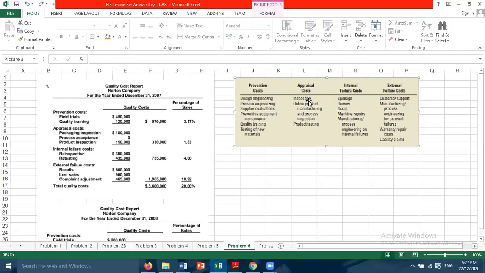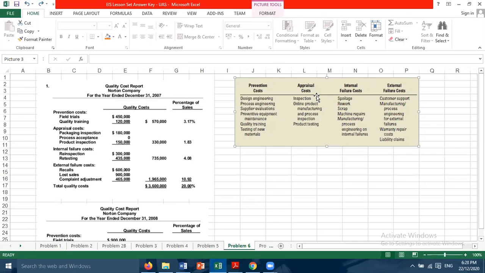So the book has it in the balanced scorecard chapter, but here I took a little bit of a picture of what is normally considered. So you guys probably will need to remember this so you can remember which category they are in. So here are some common examples. Prevention includes design engineering, process engineering, supplier evaluation, preventive equipment maintenance, quality training, and test materials.